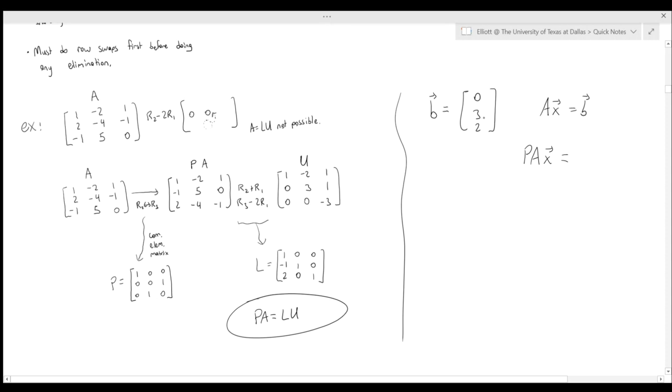So for vector B here, if I multiply by P, it's the same as just swapping row 2 and row 3. So I'm going to do that. So that's PB.